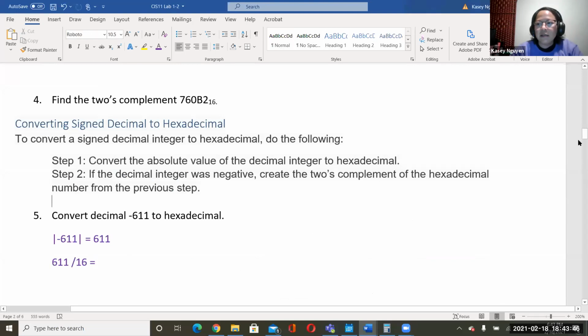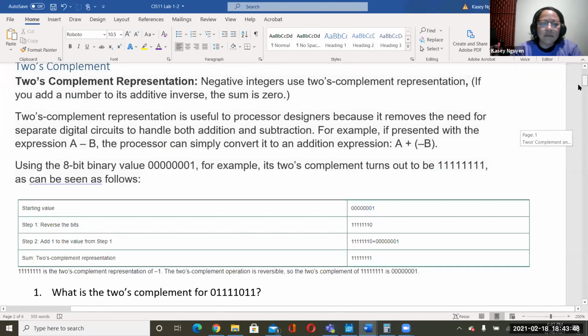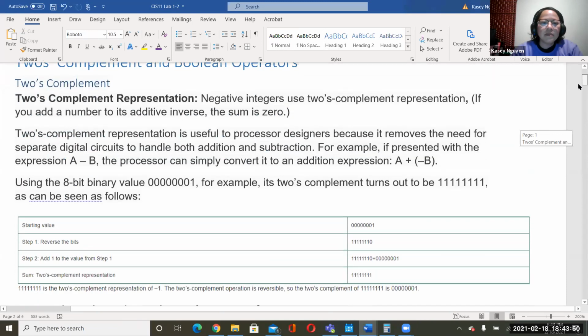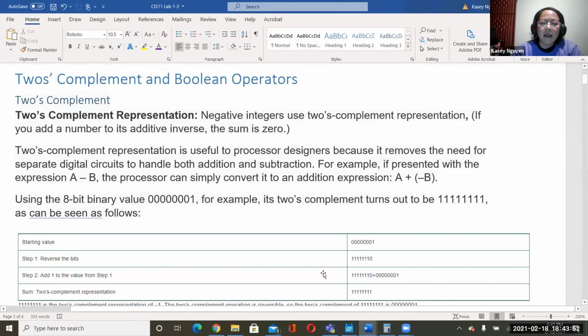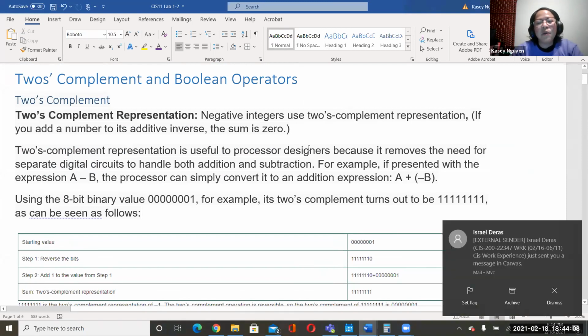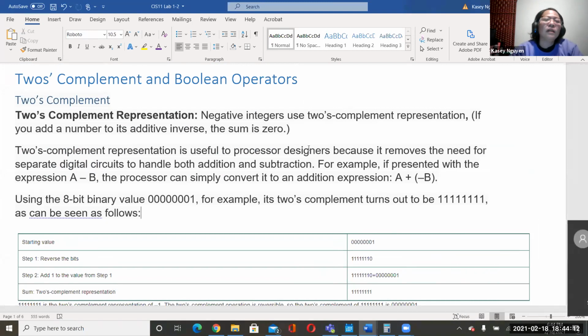All right, let's move back up. So I'm going to refer to the notes real quick because I put this here for you. Actually, no, we'll just use this, but the notes give you some information about 2's complement. So any signed number, or what we see as a negative number in our world, the computer sees as a signed number.